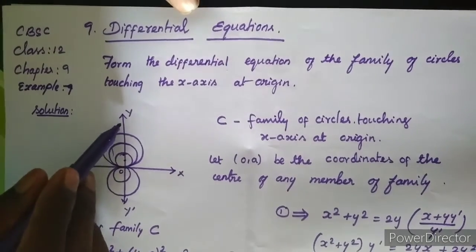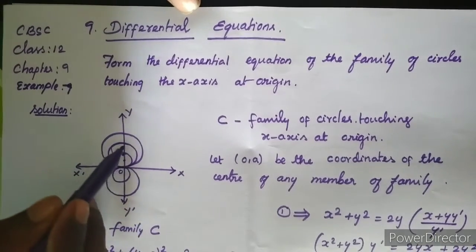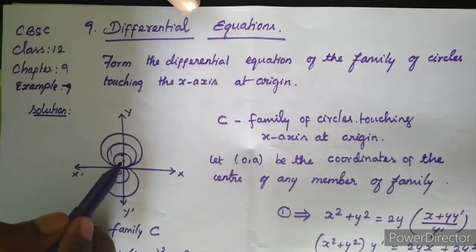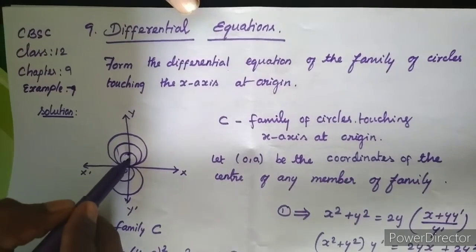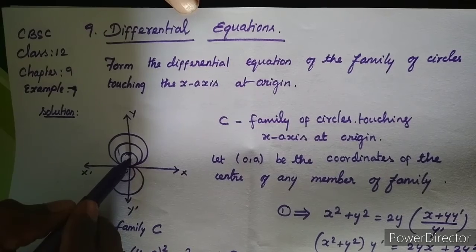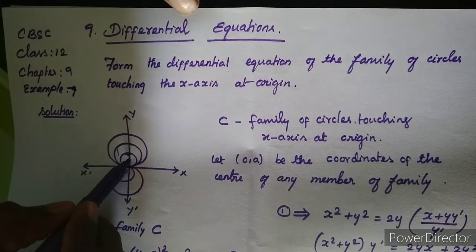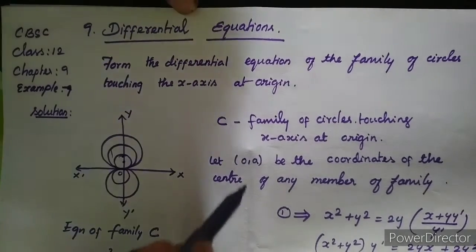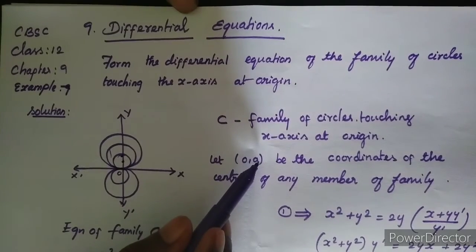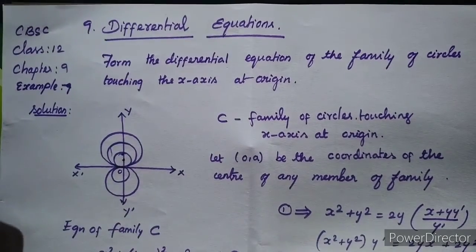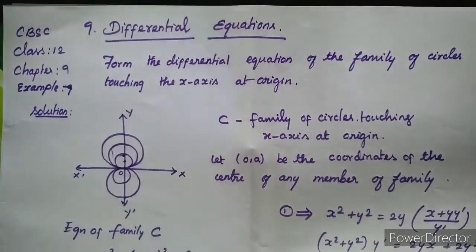The circle always touches the origin, therefore we want to consider the center placed on the y-axis. Center placed on the y-axis means the x value should be 0, and a will be any number. So assume C and (0, a).